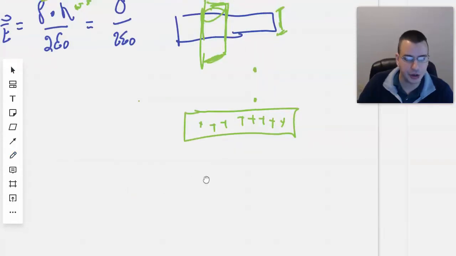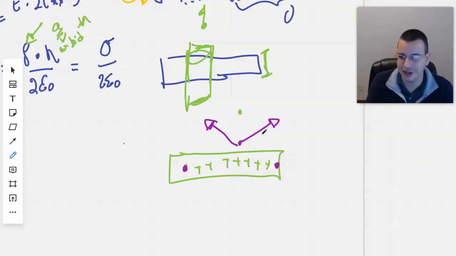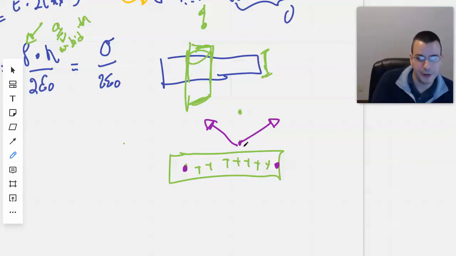But what's going on here is, if you look at this point here, let's say you have this point here affecting that point by Coulomb's law, it would be creating electric field that way. This point over here would be creating one going that direction. They're not similar because it's off-centered, but you get the idea here. But everything is going to cancel out except for the vertical component of the electric field.